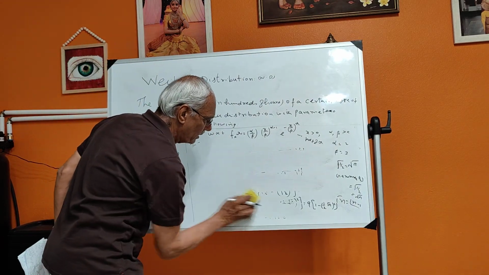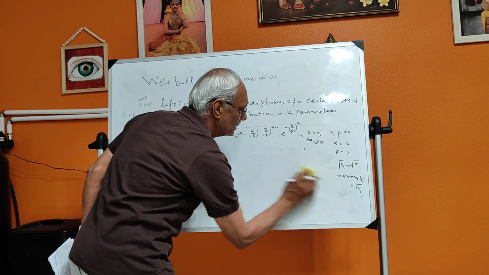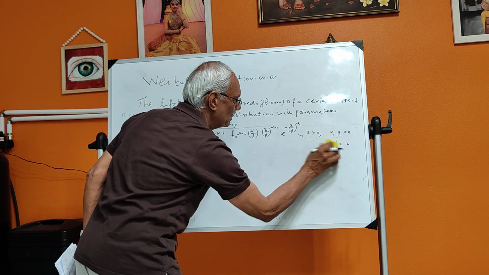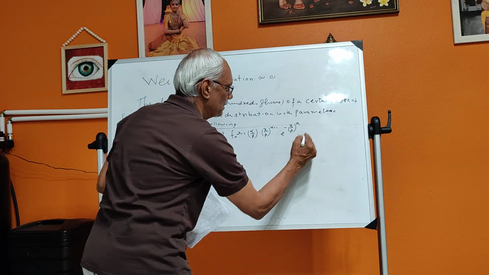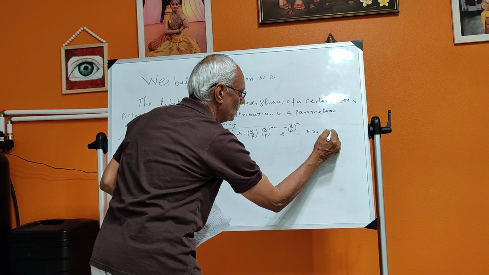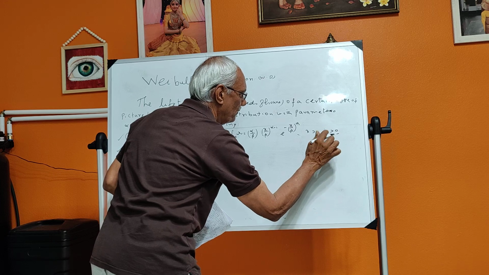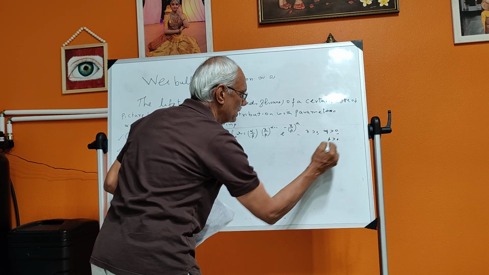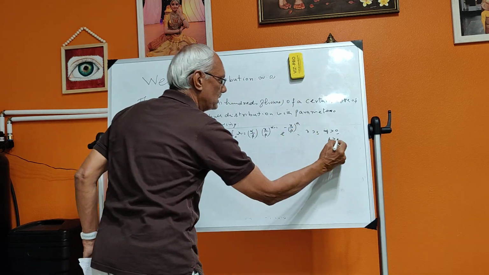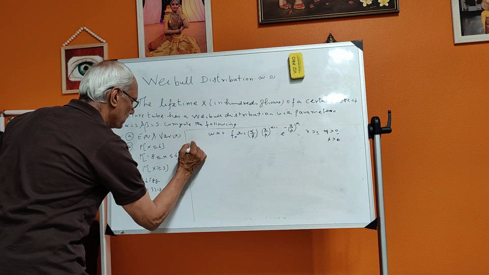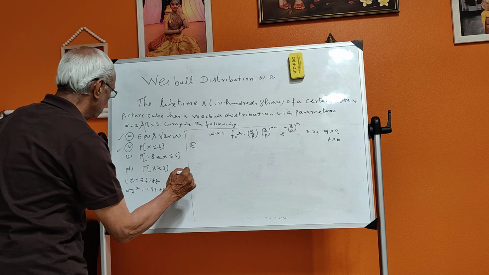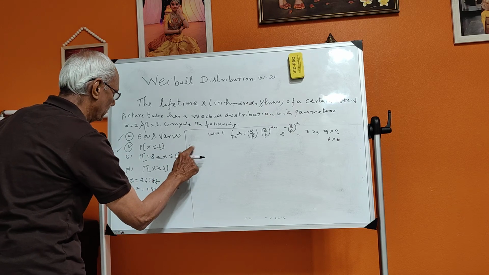What is the third one? Third question. Here it is x greater than 0. Here alpha, beta greater than 0. Now you see what is the next one? See here, C. C is your B question.